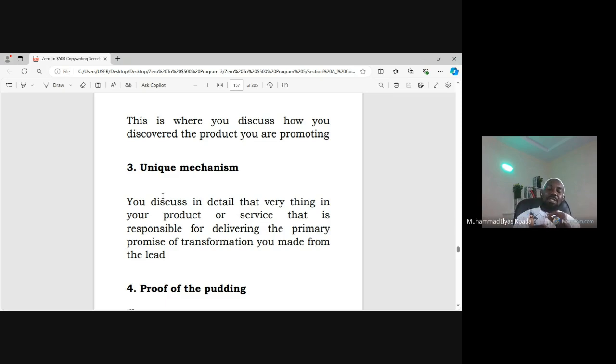Does the process involve activating a particular molecule, and that molecule in the body is responsible for triggering processes that cause diabetes, or is it involved in inhibiting a particular process, and that process is responsible for activating diabetes, which leads to dissemination of the disease in the body? So how does it work? That is the unique mechanism. It must be discussed.